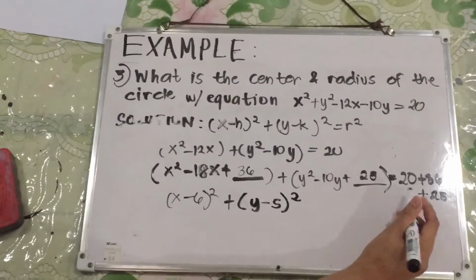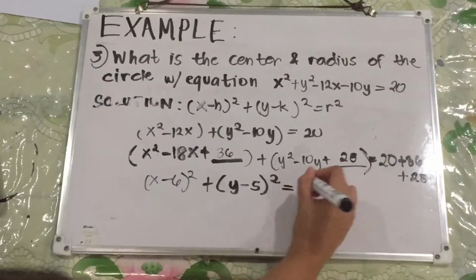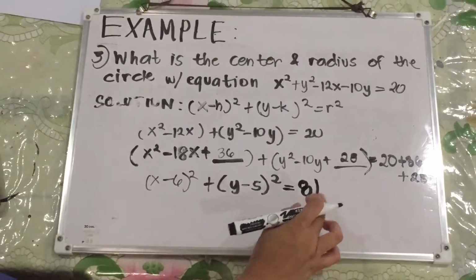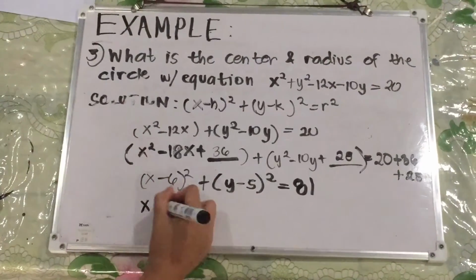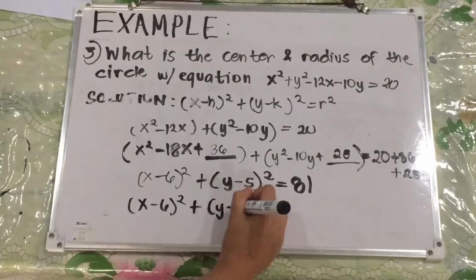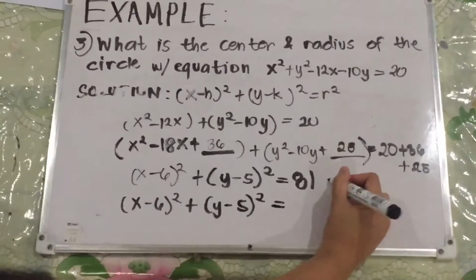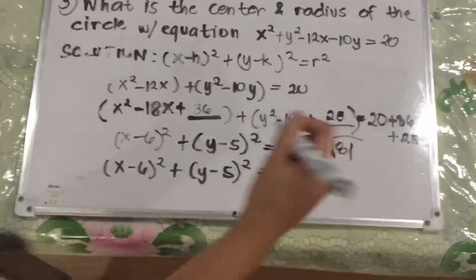And the total of 20 plus 36 plus 25 is equal to 81. So let's find the radius: (x - 6)² + (y - 5)² equals the square root of 81, which is 9².